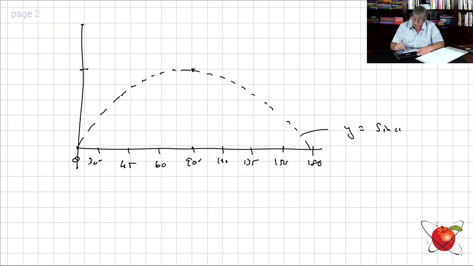Now I'm going to draw the red graph: y is equal to sine of (x minus 45 degrees).